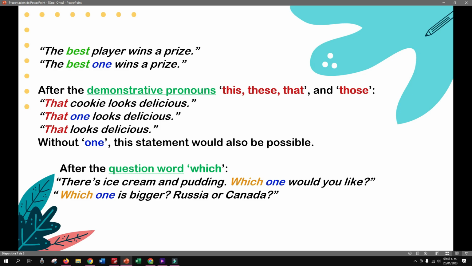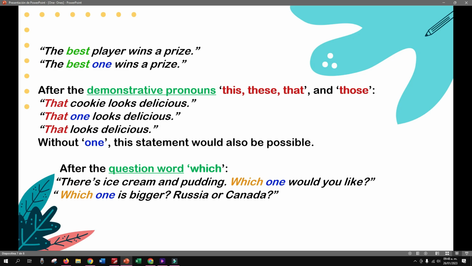That looks delicious. Without one, this statement would also be possible. After the question word which, there is ice cream and pudding. Which one would you like? Which one is bigger, Russia or Canada?